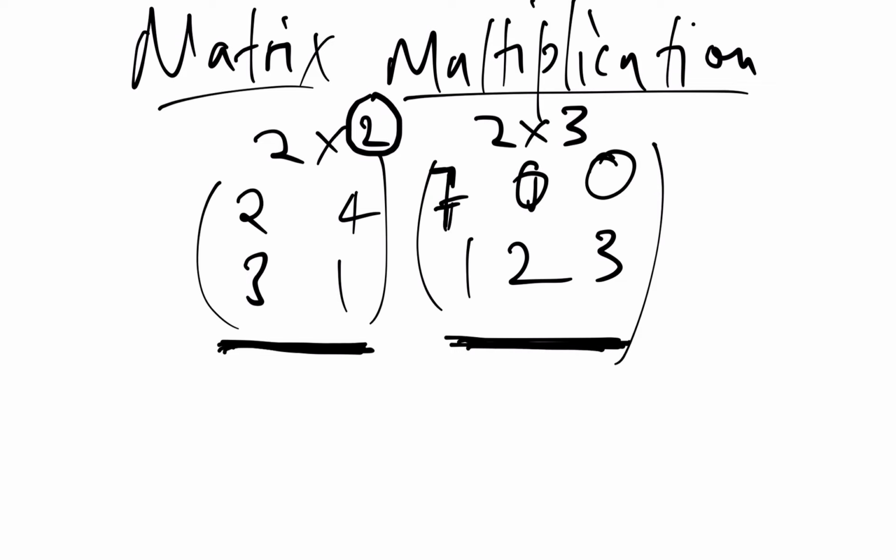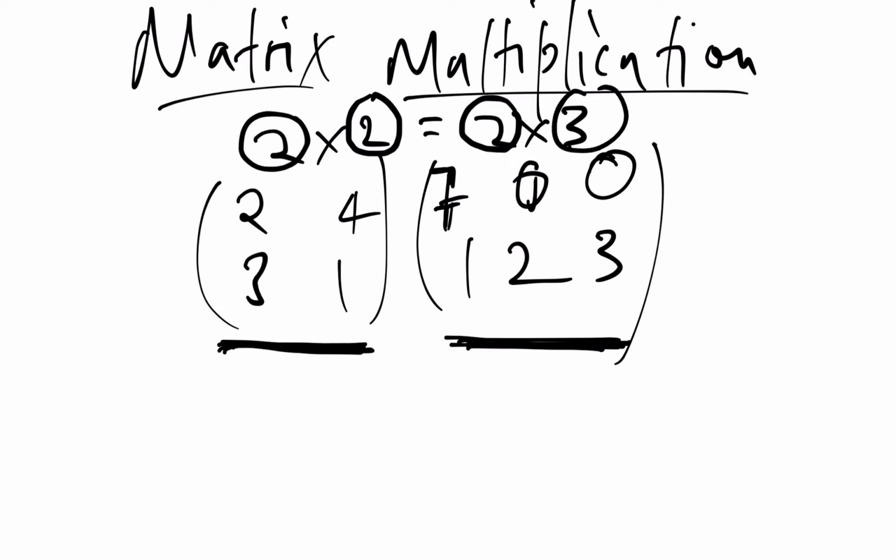This second matrix also has 2 rows, because 2 represents the number of rows and 3 represents the number of columns. So these 2 numbers should be equal for matrix multiplication to be possible. After we've discovered that they are equal, as in our example, you then deduce that the order of your answer will be a 2 by 3.